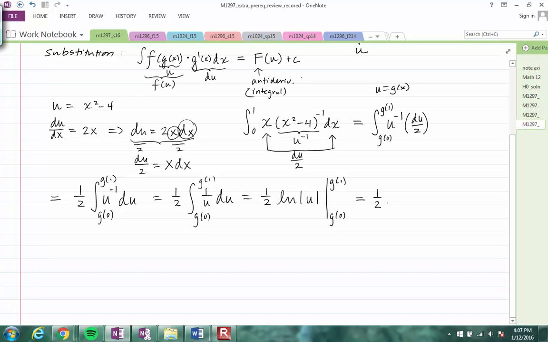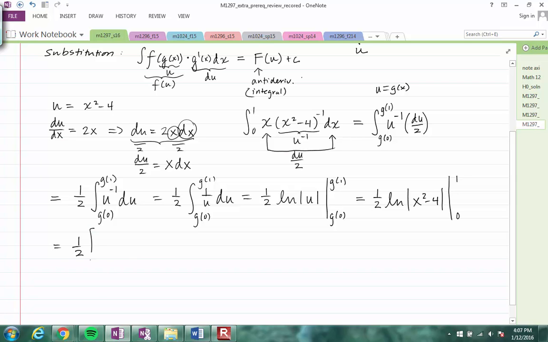Now after you do the integral, you can go back in terms of x. So your u is equal to x squared minus 4 and you can go ahead and plug back in terms of x, and then guess what? Your limits of integration go back to x's. So this is one way to handle this substitution, with the limits of integration in their little numbers.